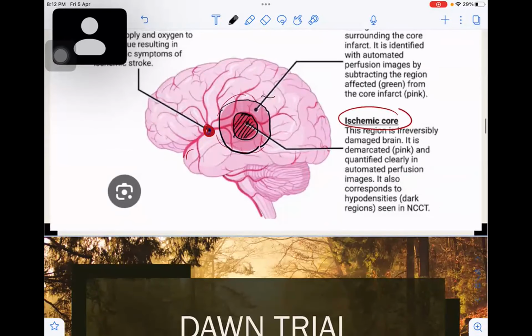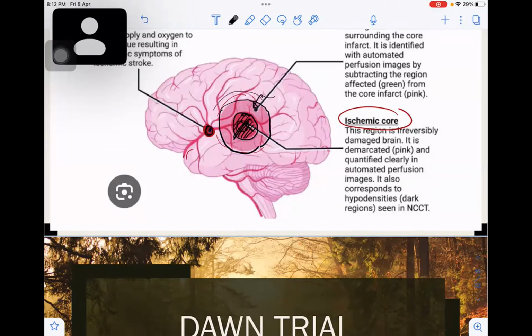This part has not died yet, but the core has already died. So no matter what you do, you can't save the core, and we are not interested in the core. What we're interested in is the penumbra area. If you don't do anything, with the major vessel occluded, even the penumbra will convert into umbra, which we don't want.